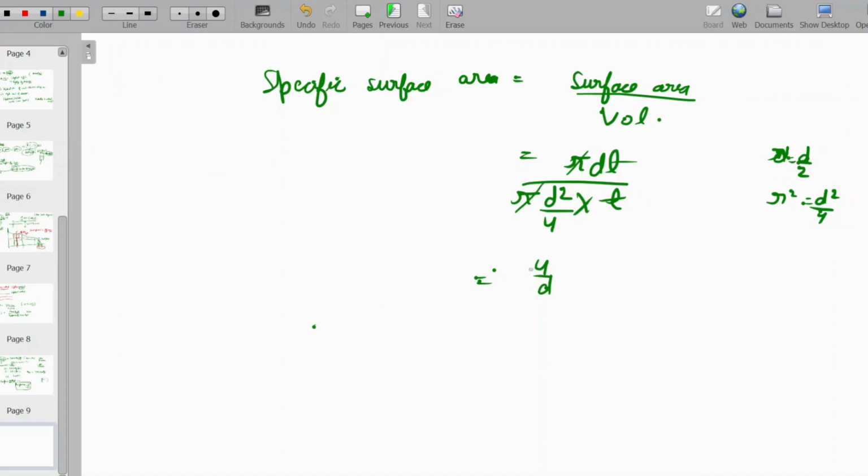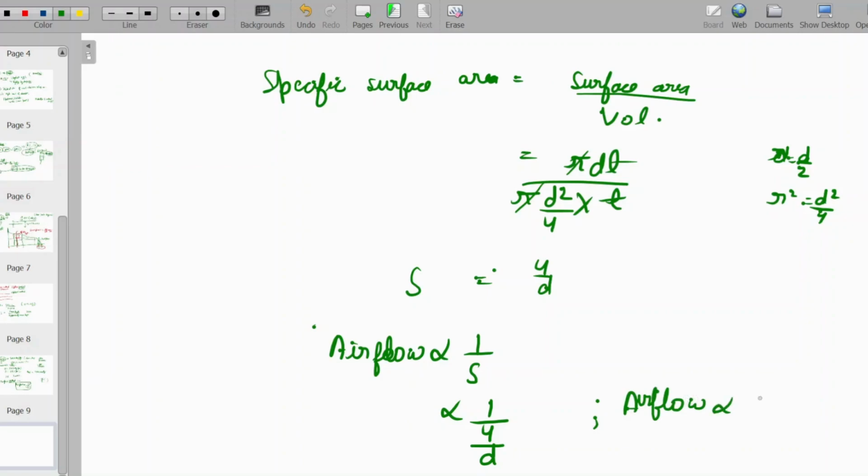So specific surface area is equal to 4 upon d. Airflow is inversely proportional to S, so airflow is directly proportional to d, the diameter. Higher the diameter, higher the airflow.